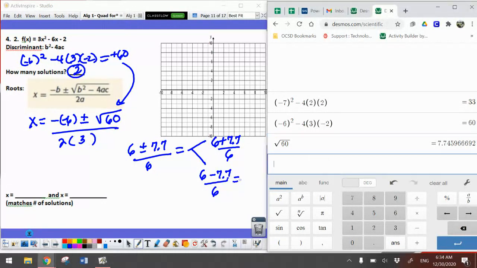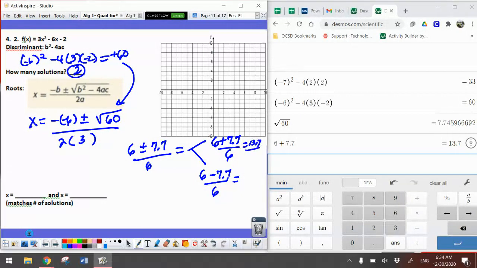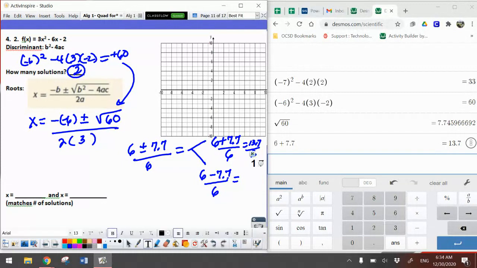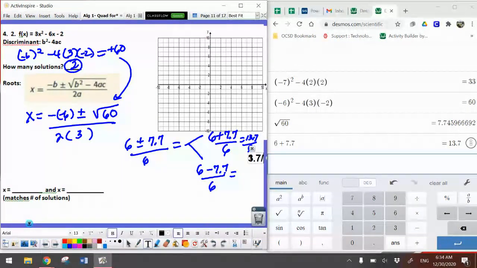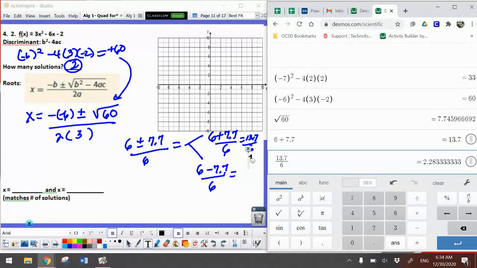So 6 plus 7.7 is going to give me 13.7. If I divide that by 6, 13.7 divided by 6, I get 2.3.